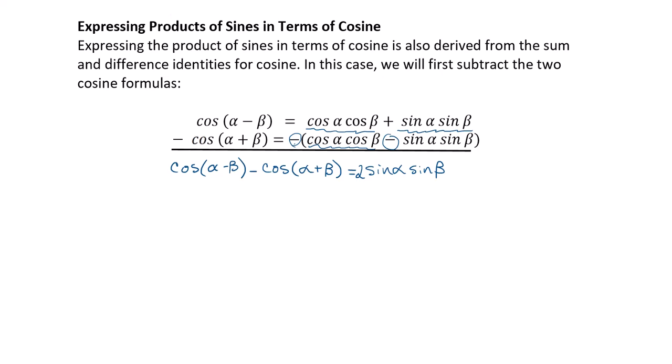Now multiplying both sides by 1/2, I'll have sine of alpha, sine of beta is equal to 1/2 times the cosine of alpha minus beta minus the cosine of alpha plus beta.